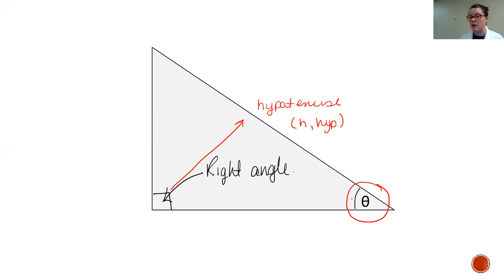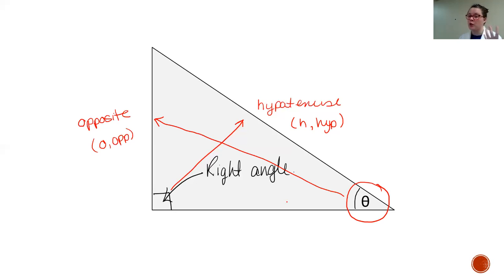What side or leg is opposite of this angle? Well, I often draw arrows. Draw a straight line until you hit the wall that's opposite. So this wall, this is our opposite side. Again, if I'm abbreviating, I'll often use O or OPP.